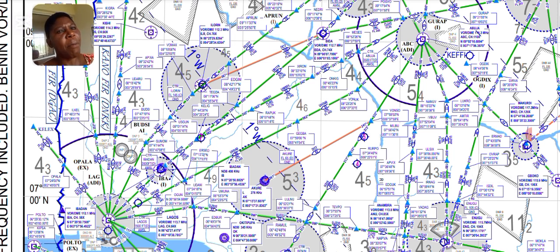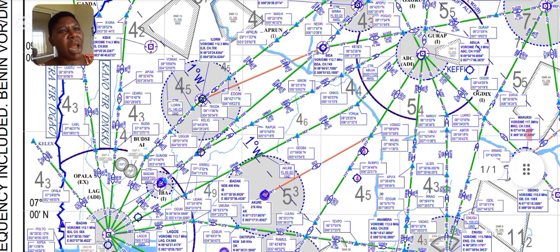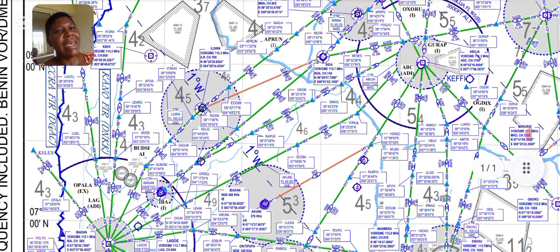Now, airport C may cover more than one place, may cover up to 10 places or 10 states. Covering more than one place is what makes that airport a control zone.